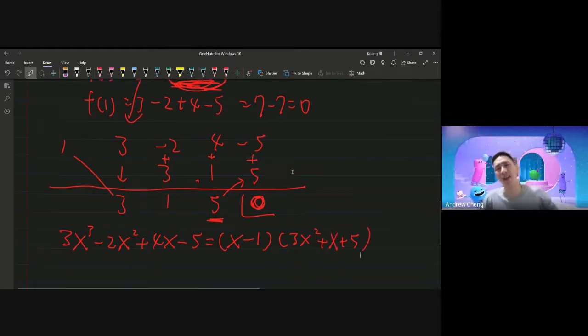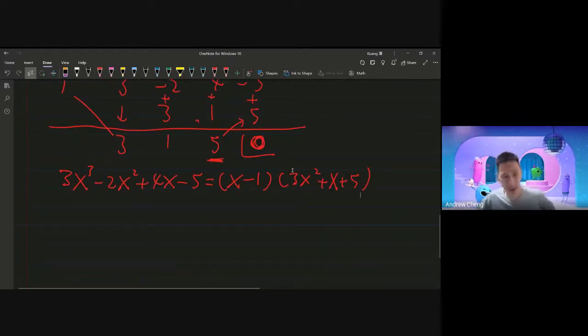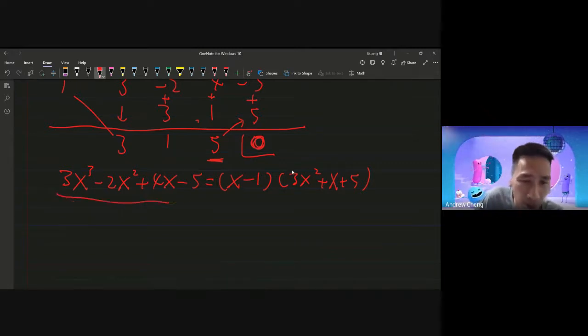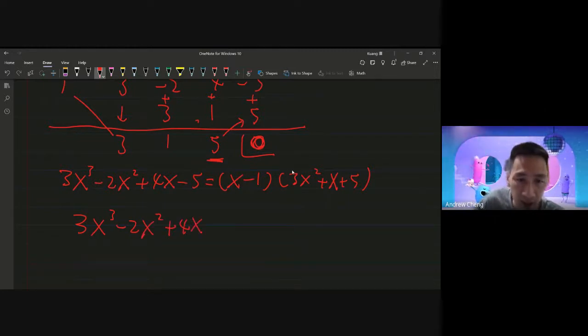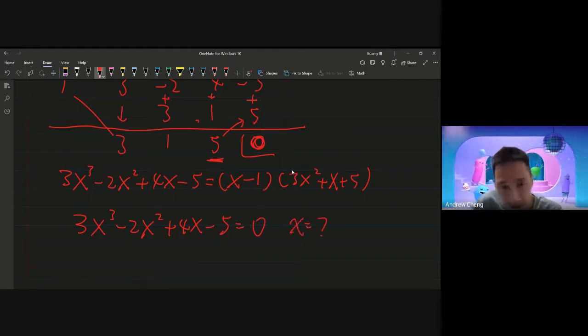Okay, why is it so important? Because we're going to move to the concept extended to module 5. When we see an equation like this, 3x cubed minus 2x squared plus 4x minus 5 equals 0, when I try to solve this equation, when I want to find x equals something, I cannot until I can factorize this polynomial.